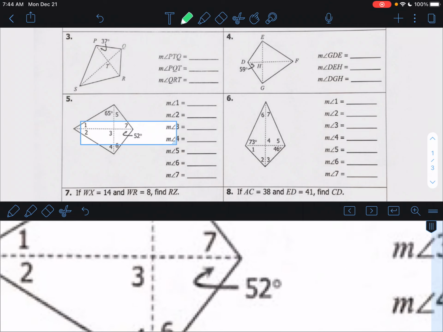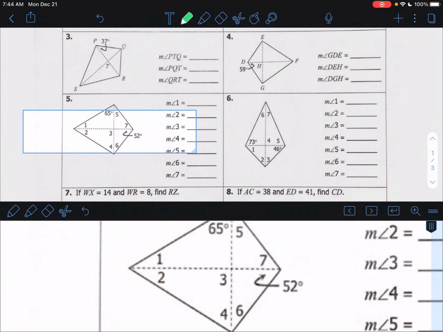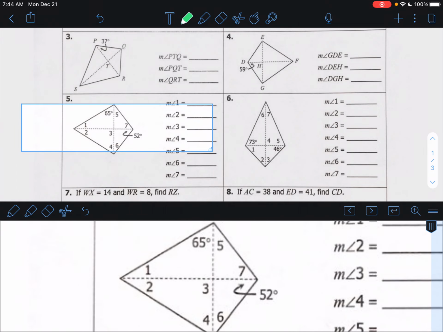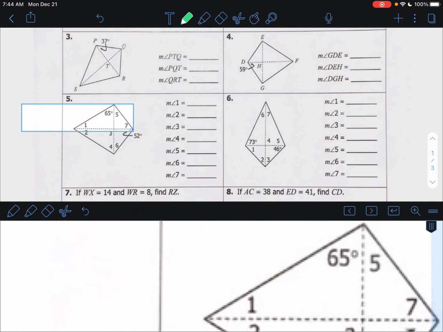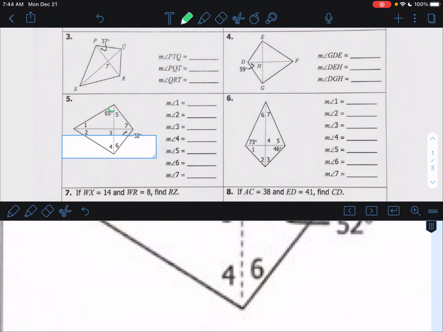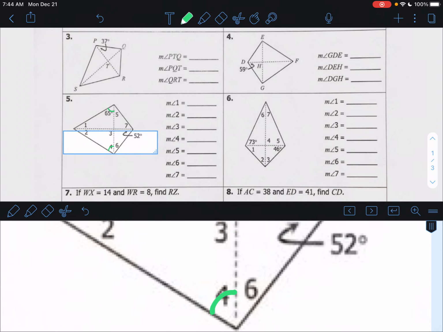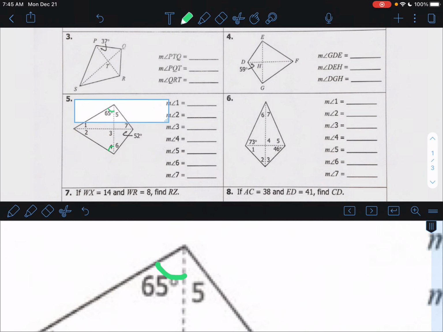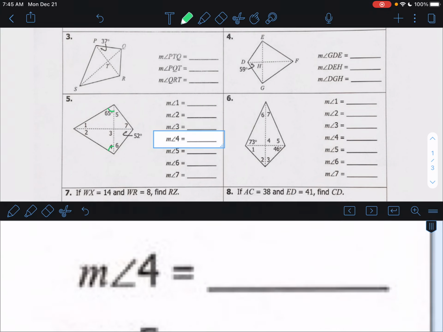So for number 5 here, we have a bunch of angles to fill in. And let's see, I know that this 65 is going to be congruent to this angle here when you draw on those diagonals of the kite. So 65 and 4 are congruent, so 4 is 65 degrees.